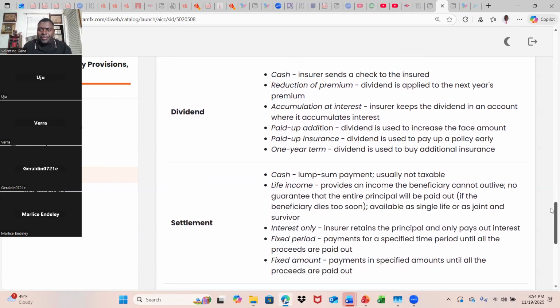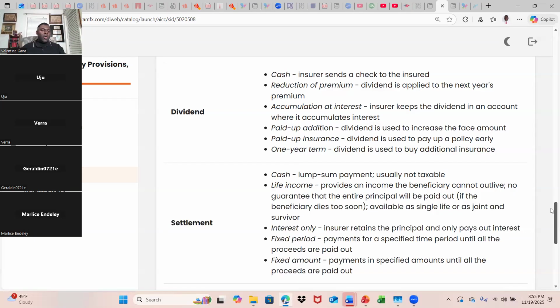Okay, here we have the concept of dividend. There are various ways that you can use dividends in the policy, but you must be asking, what is a dividend? Why does the policy pay dividends? Is it a stock company or stuff like that? No. There are certain companies that are called participating companies.